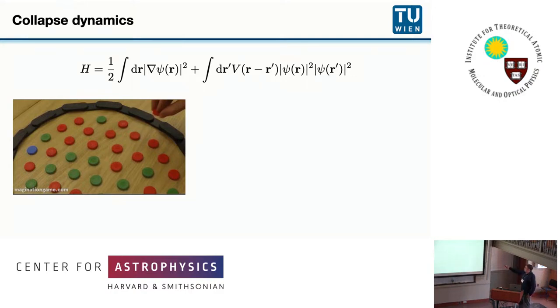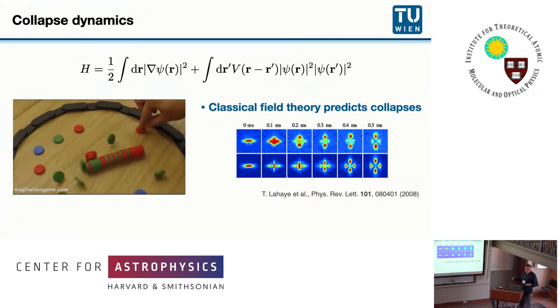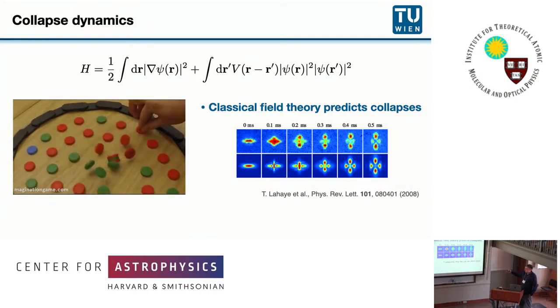If you apply a completely classical description, the classical field equivalent of this movie here, we also see collapse. There's really nothing additionally new coming in by treating the dipoles as a wave function, if you have this classical field description.